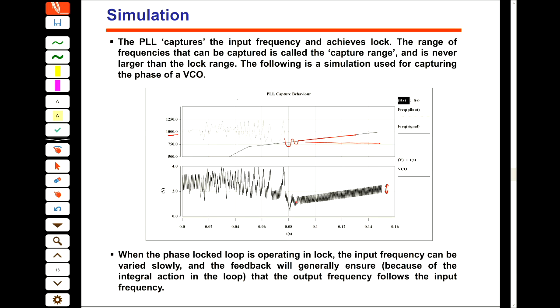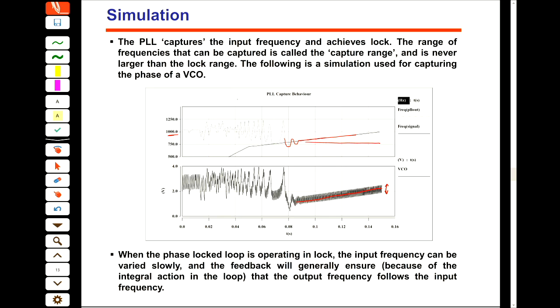Then you see this like a line. It does not change like this. Because we are changing again the input frequency, the voltage is changing. Again, we get locked. So the error is increasing, and then again, while changing the voltage, we try to decrease the error and get locked to the new frequency, because we are increasing the input frequency.